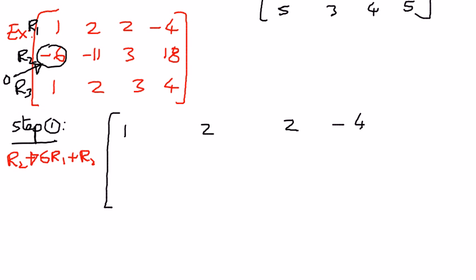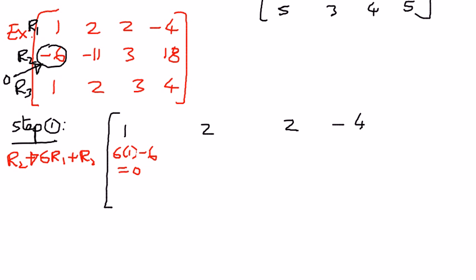So 6 times 1 plus negative 6: 6 minus 6 is going to be equal to 0.